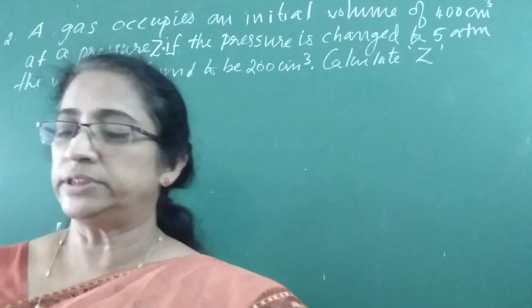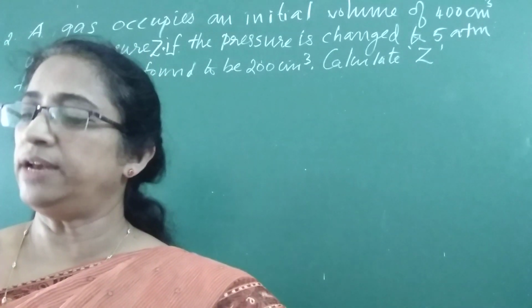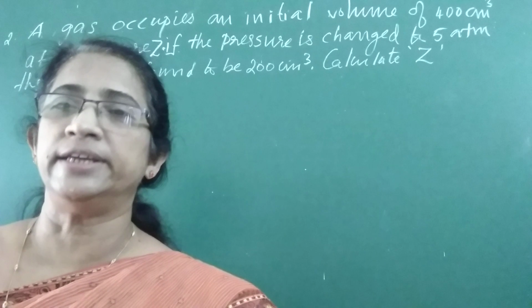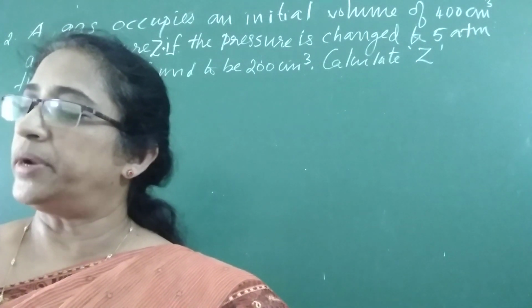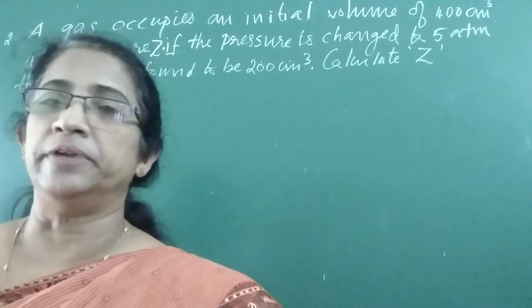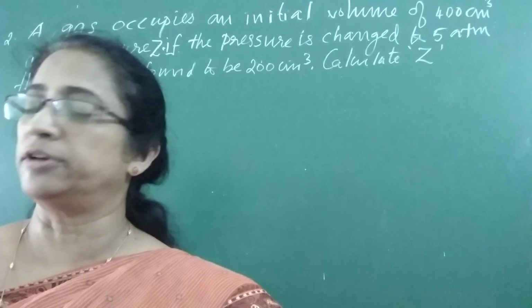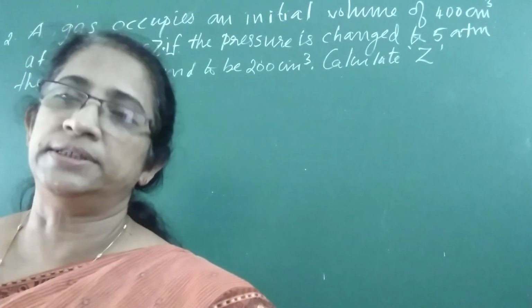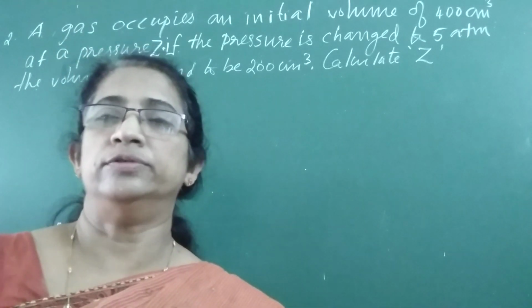Write the second question. A gas occupies an initial volume of 400 cm³ at a pressure Z. If the pressure is changed to 5 atmosphere, the volume of the gas was found to be 200 cm³. Calculate the value of Z. So read the question and then write the values.